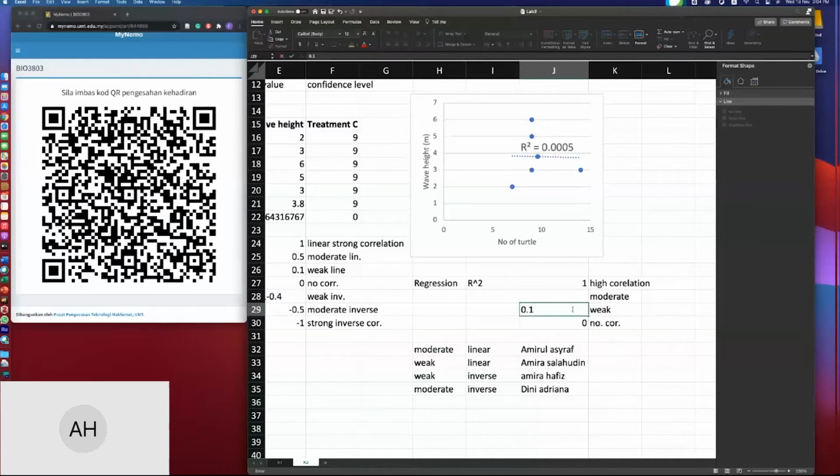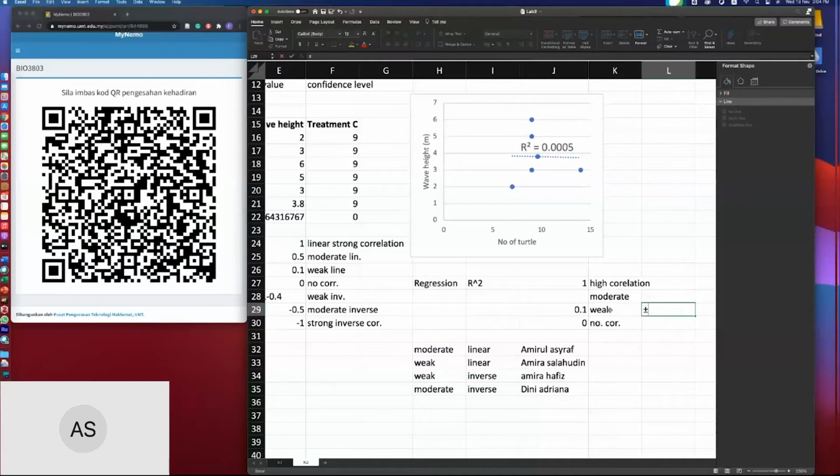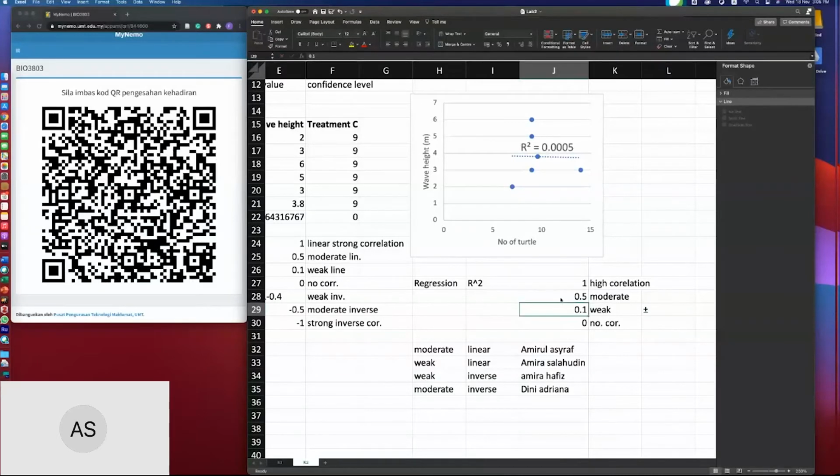Manakala untuk regression, it doesn't matter whether it's linear, whether it's positive or negative correlation. Okay, the 0.1 stays. So the answer is the same for linear as well, whether it's positive linear or inverse, it is 0.5 as well.